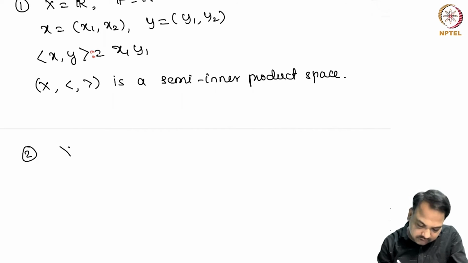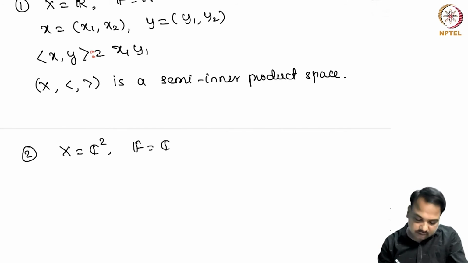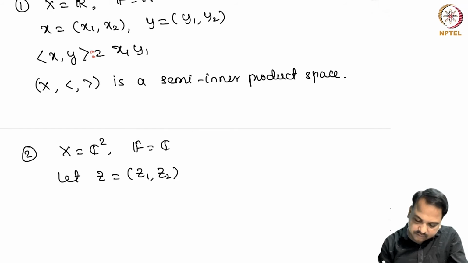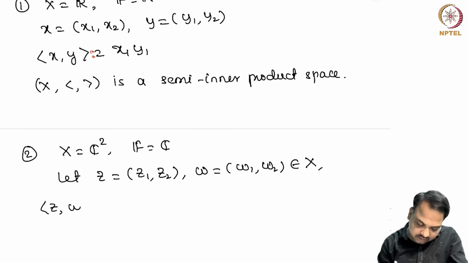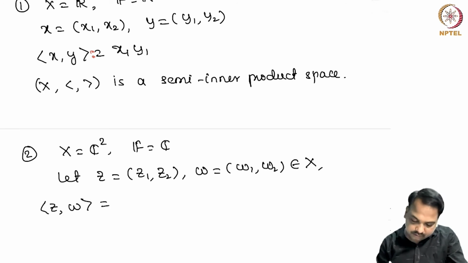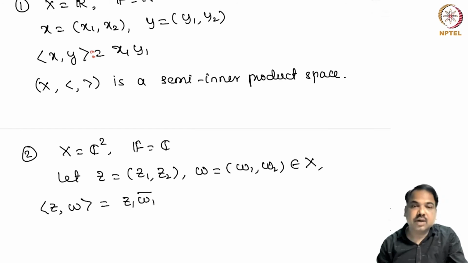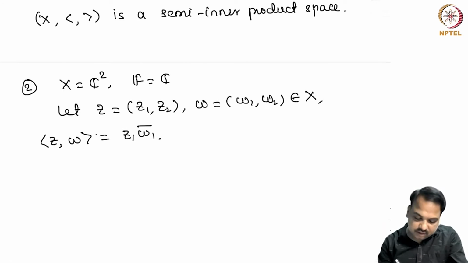Similarly, we can take X to be C2 and F as C. Let us take Z as (Z1, Z2) and W as (W1, W2) from X. Define the semi-inner product of Z with W as Z1 W1 bar. Then again we can show easily that X with this two variable function is a semi-inner product space.